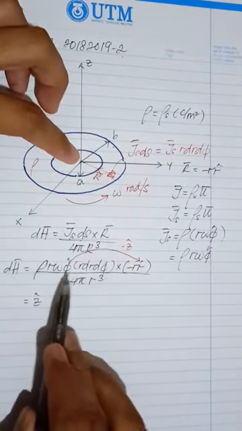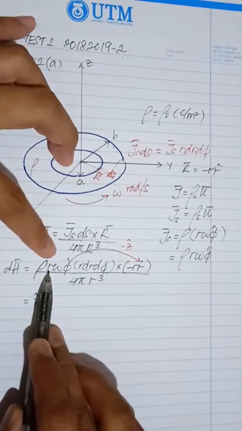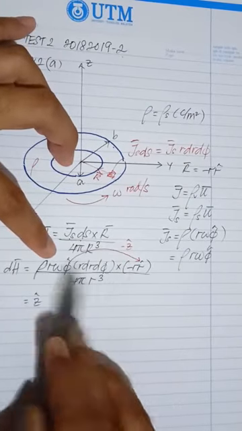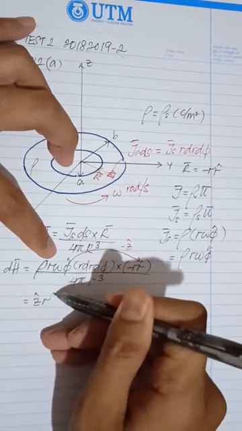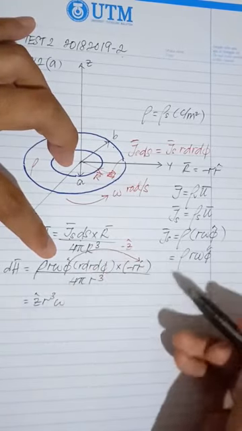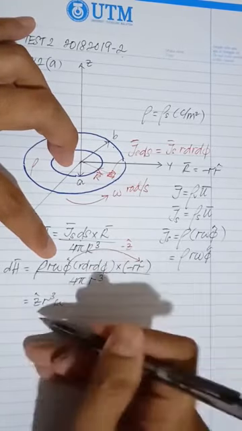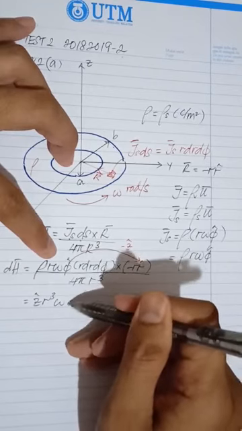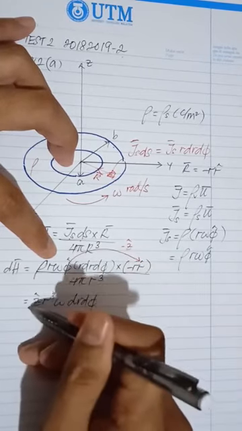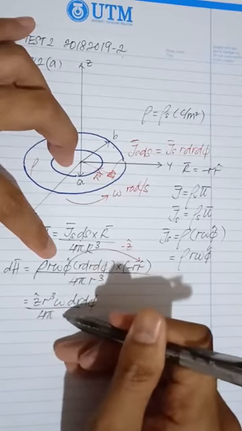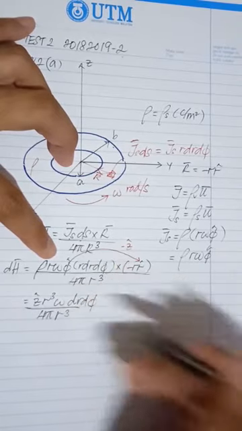Then let's multiply the r here with r here with r there, so we're going to have r cube altogether: r cube omega dr d phi over 4 pi r cube.